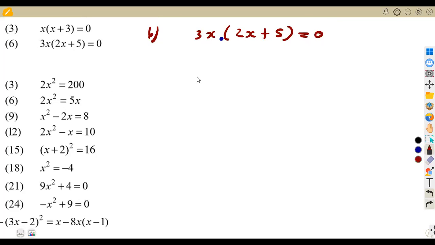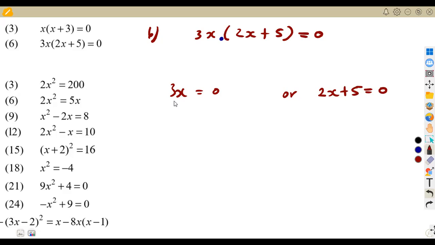So it means it's either the bracket or this 3x must be equal to 0. So I'm going to have the 3x, all right? Let us have this. The 3x to be equal to 0, or the bracket of 2x plus 5 also to be equal to 0.